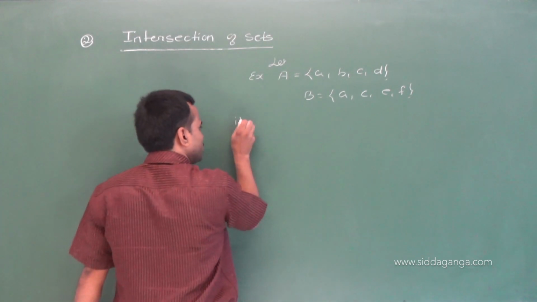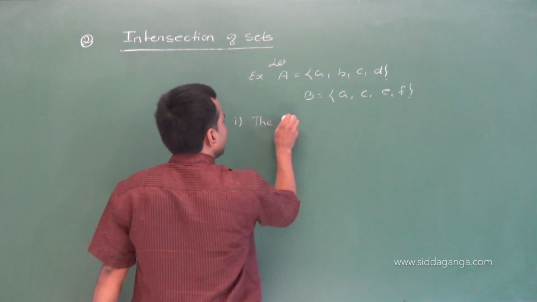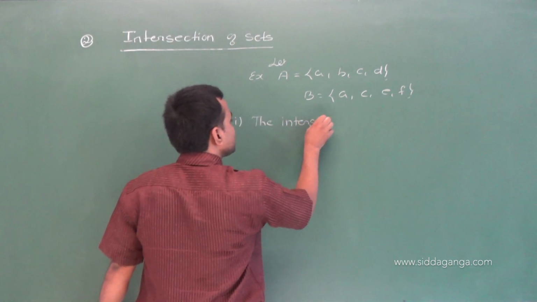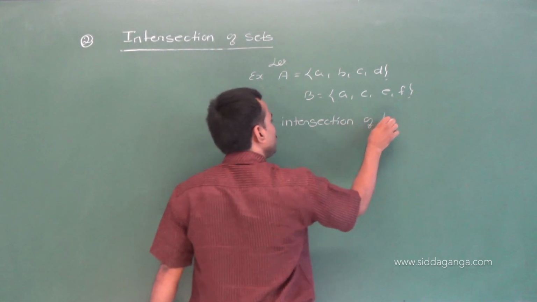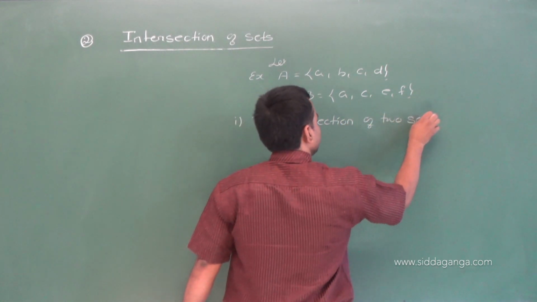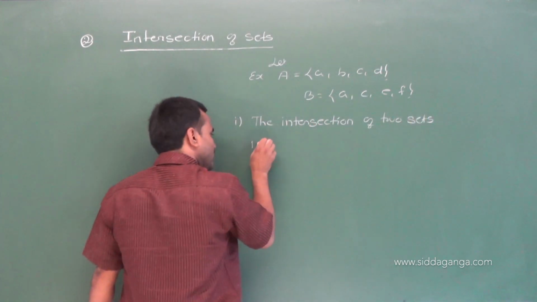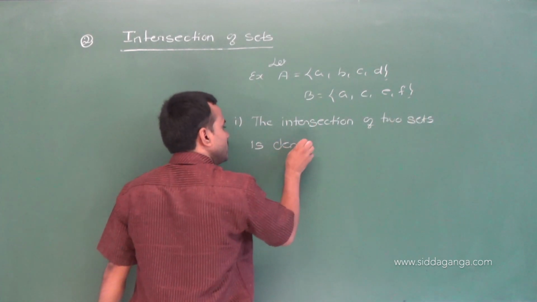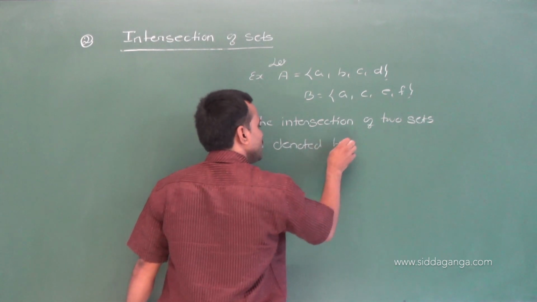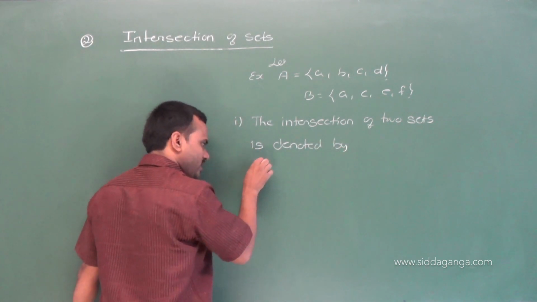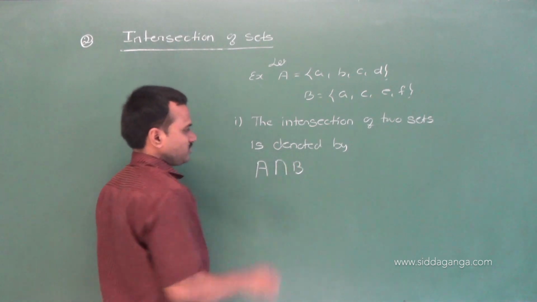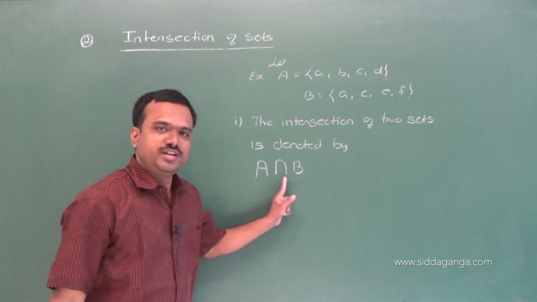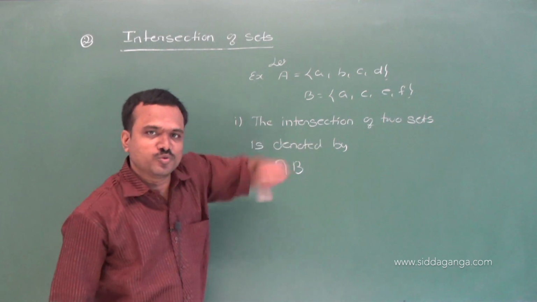Then, first concept, the intersection of two sets is denoted by A intersection B. It is the opposite of the U symbol.